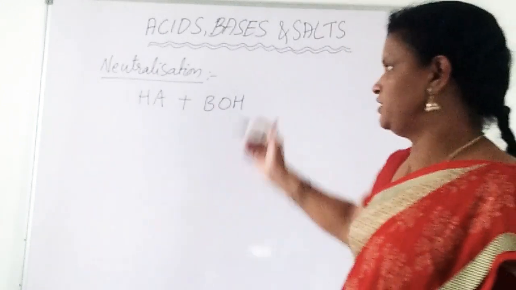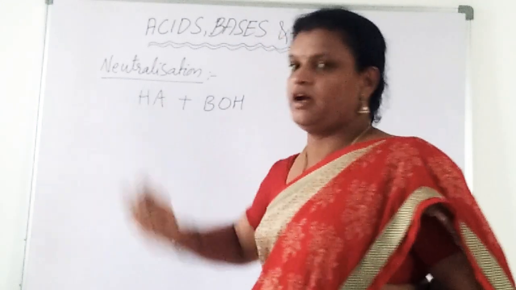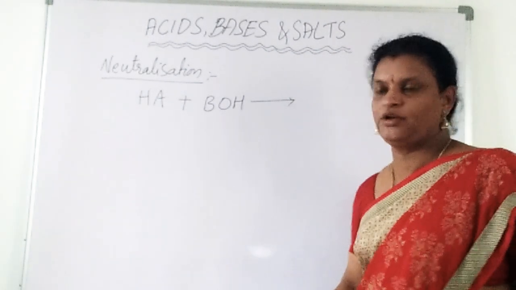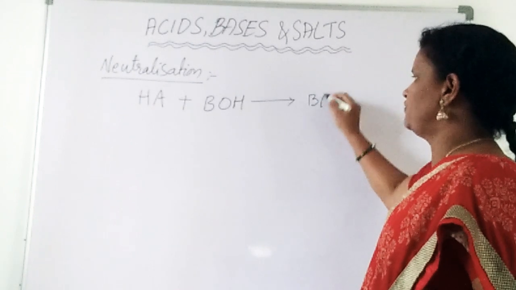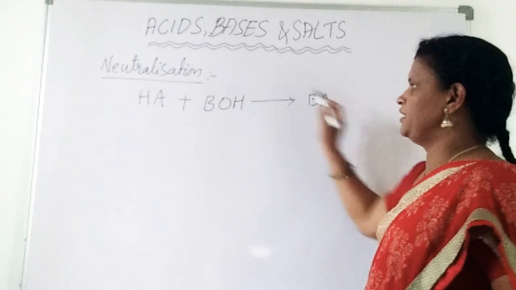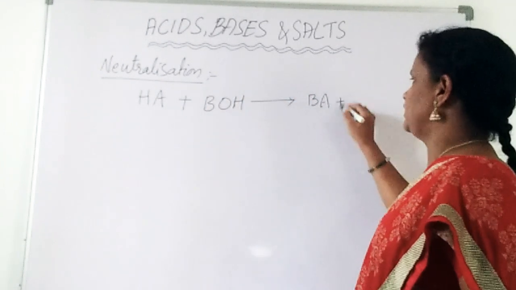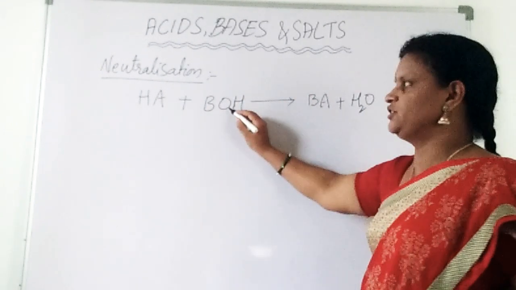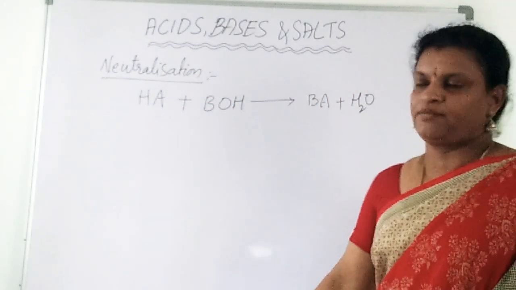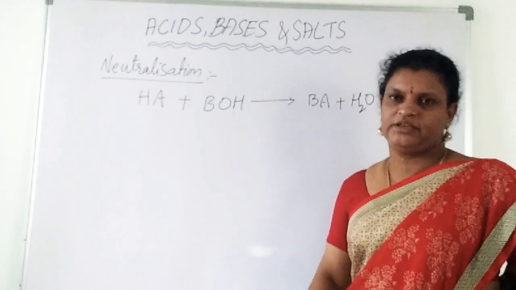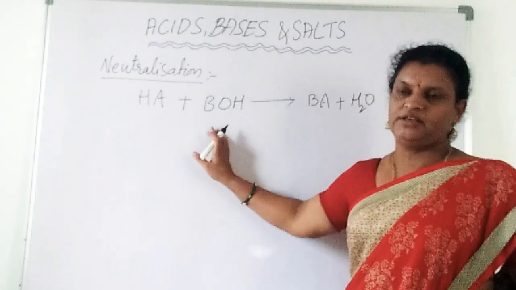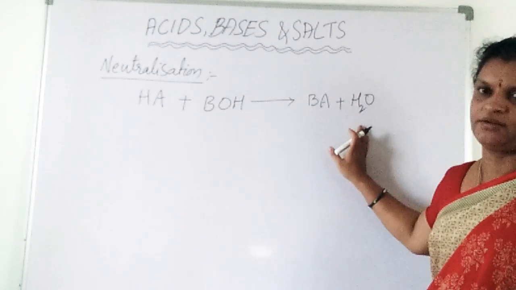So these hydroxide ion containing bases react with the hydrogen containing acids and they are going to produce the salt with the formula BA, means cation of the base and also anion of the acid, and along with that water also will form. That is OH of base and hydrogen of the acid will react together to form the water. So this reaction is known as neutralization reaction. So neutralization means nothing but reaction of acid and base to produce salt and also water, right?